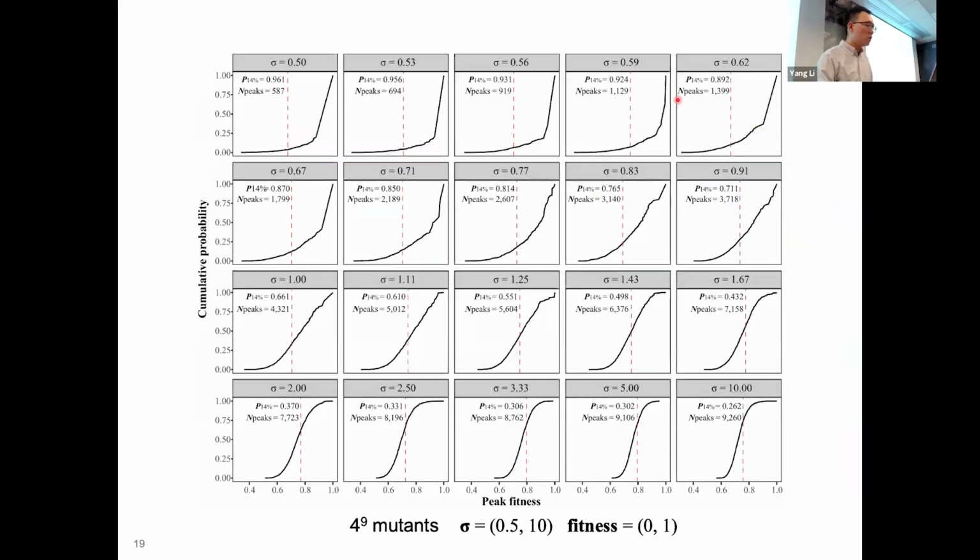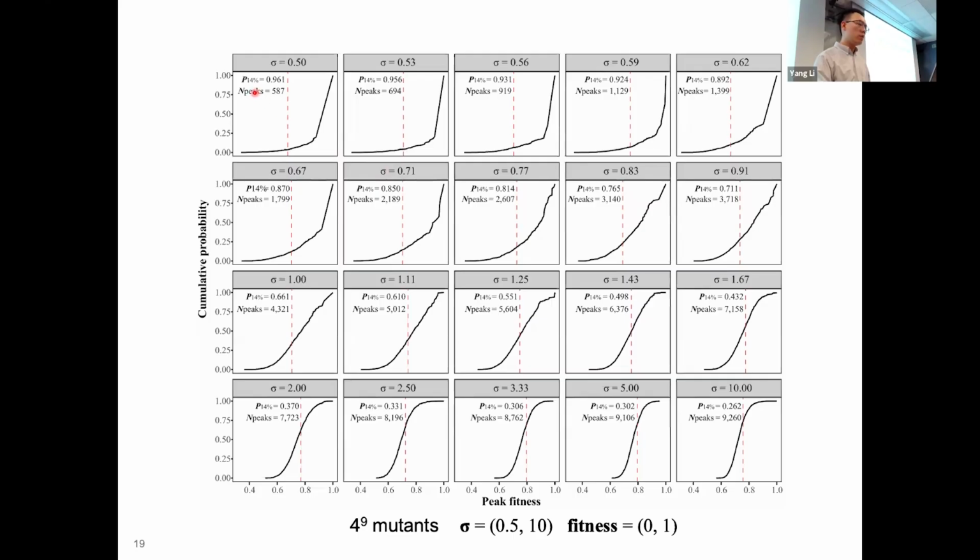So we do a lot of simulations based on different delta. When delta is low, there are only 500 peaks, and when delta is close to 10, the number of peaks is nearly over 9,000, so it's 20 times. So it's a good simulation.